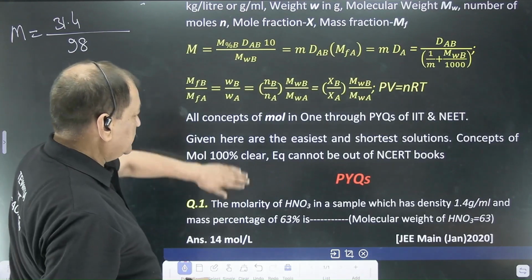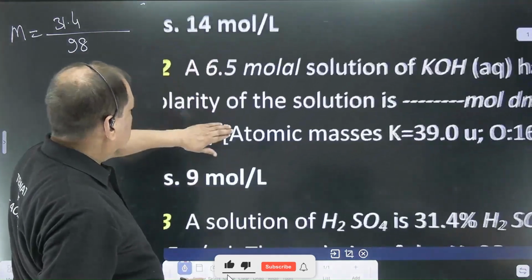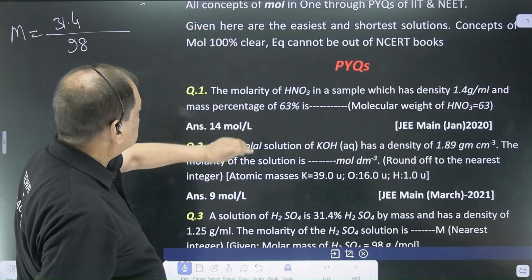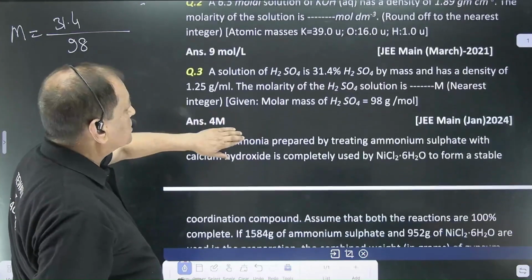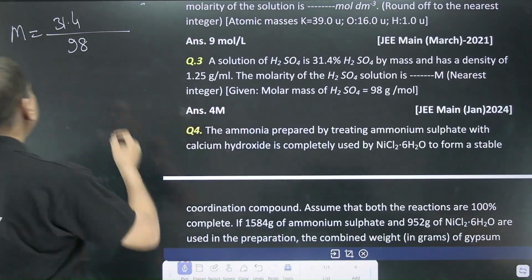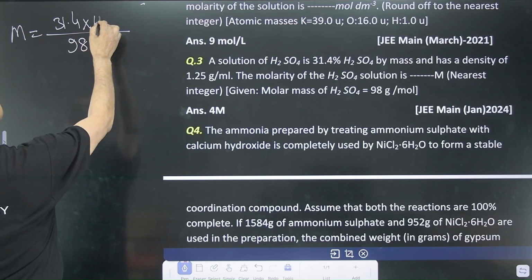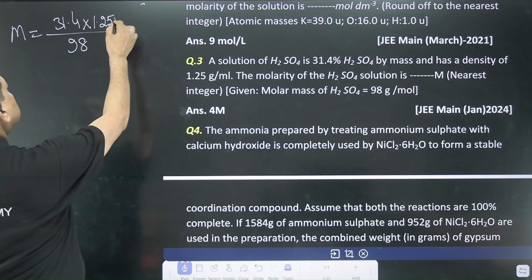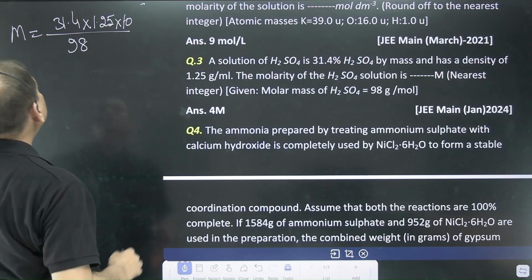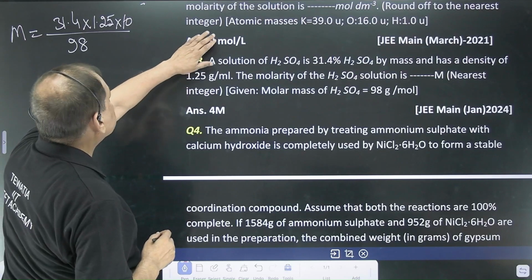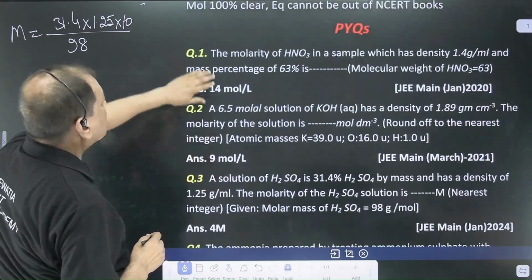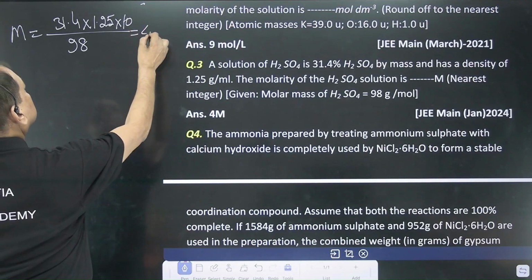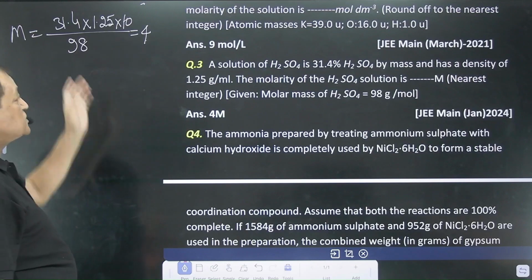What is the density given? 1.25, into 10. So that is equal to 4. Simple.